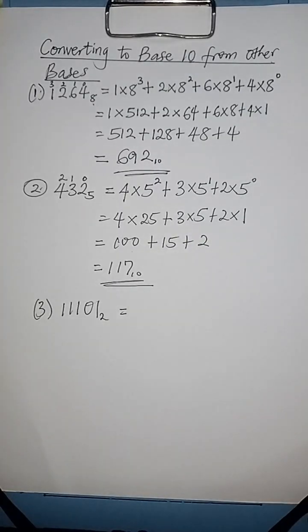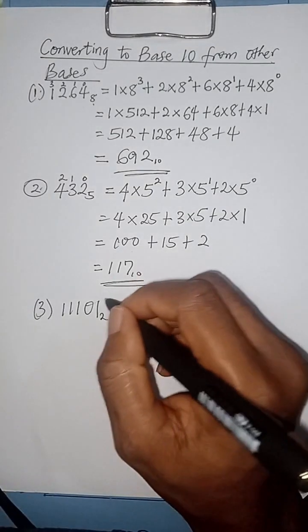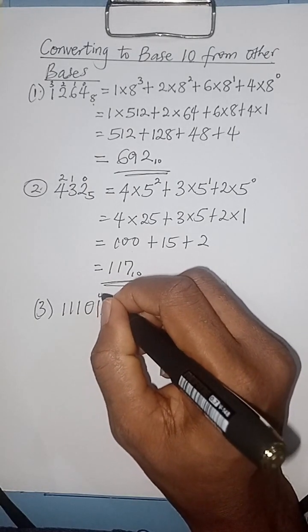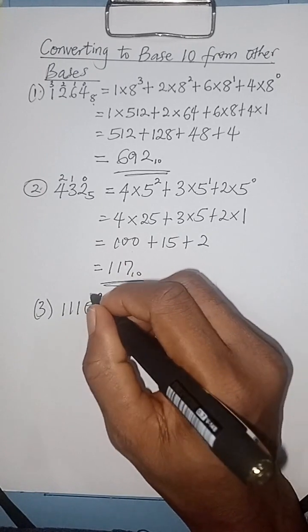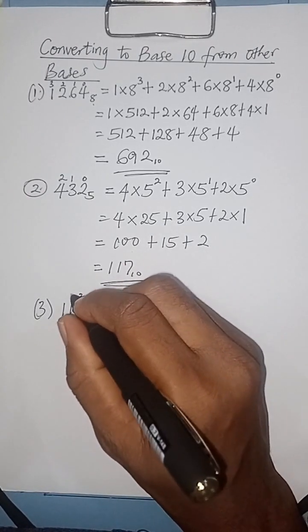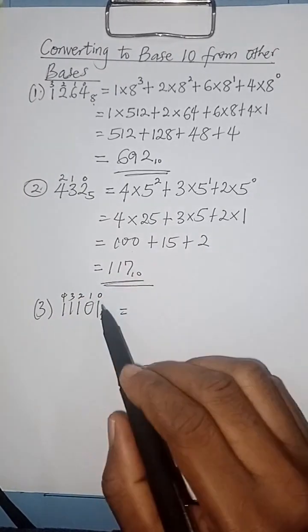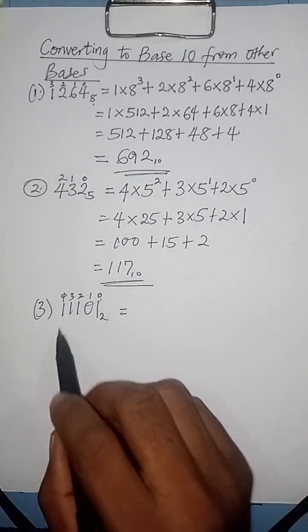Now this is the next question. 11101 in base 2, I'm to convert to base 10. The same principle, you number starting with 0 from your right to your left-hand side. So that's it, 0, 1, 2, 3, 4.